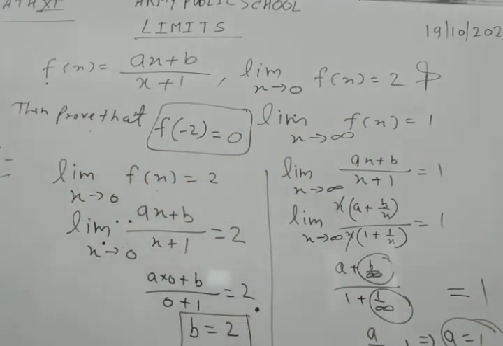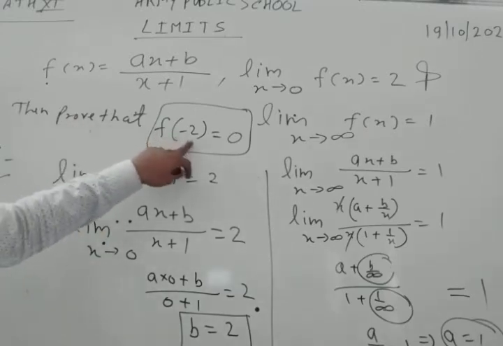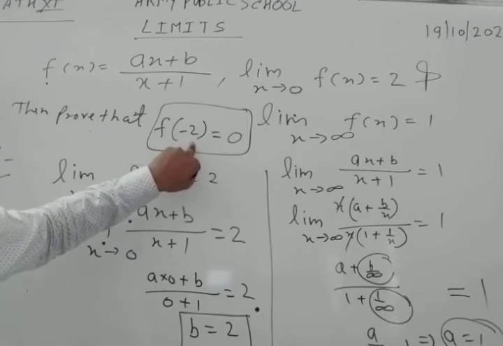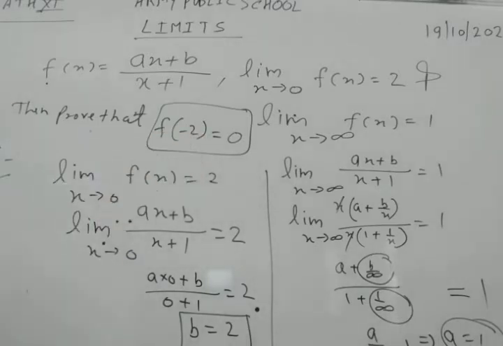Now we have to find the value of f(minus 2), which should become 0. So let f(x) is (ax plus b) upon (x plus 1).